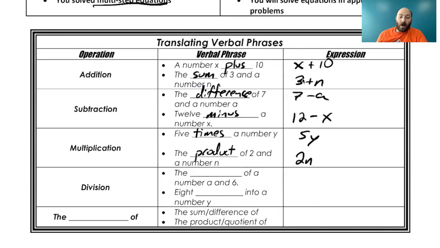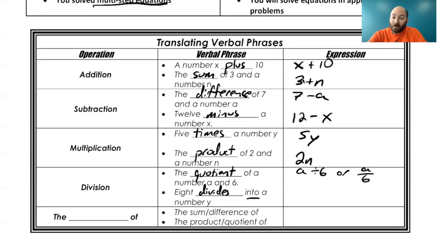Division, we can say the quotient of a number a and 6, and 8 divides into a number y. This gets a little bit tricky because I could say this in a couple ways. I could say divides by a number or divides into. The quotient of a number a and 6 would look like a divided by 6, or a over 6.